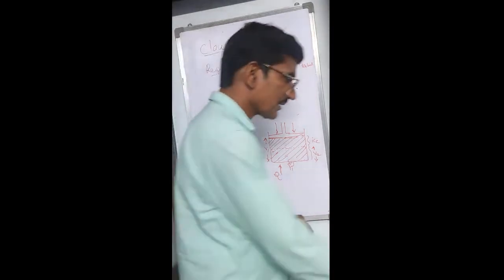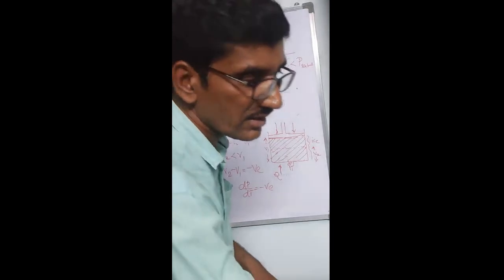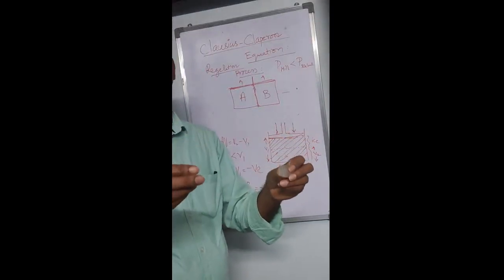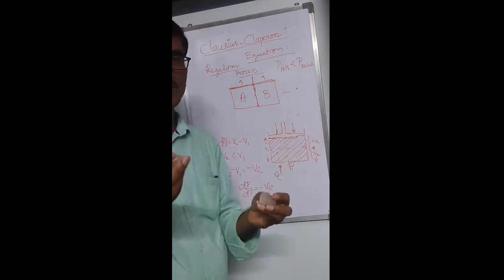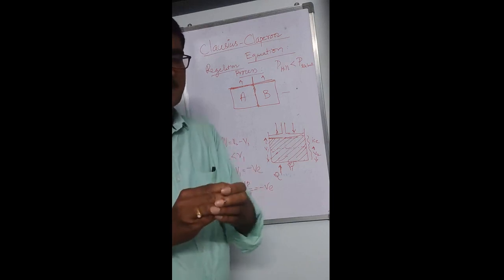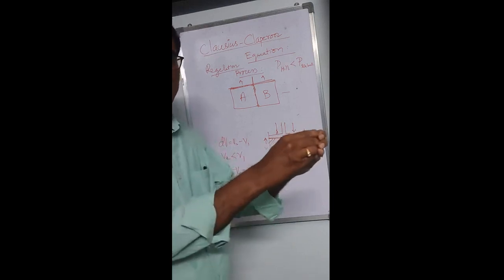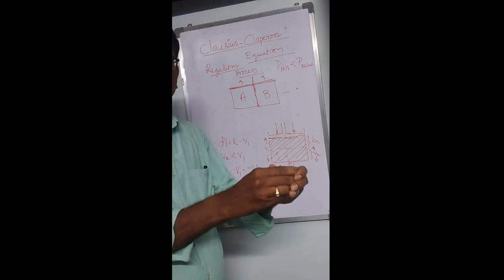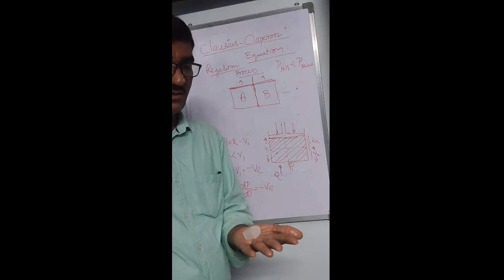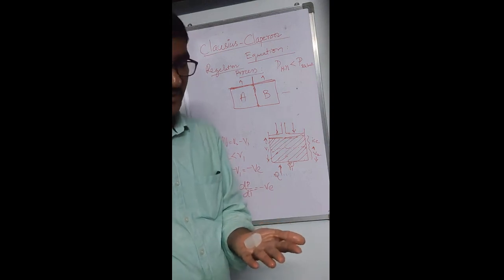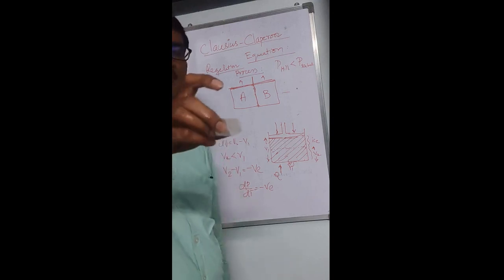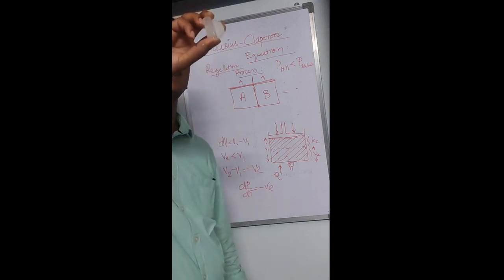Now I am going to take two ice pieces. You see, these are the two ice pieces. Now, whenever you put these two ice pieces like this and apply some pressure on them for some time, and remove the pressure, then you will see both of them are clubbed together.